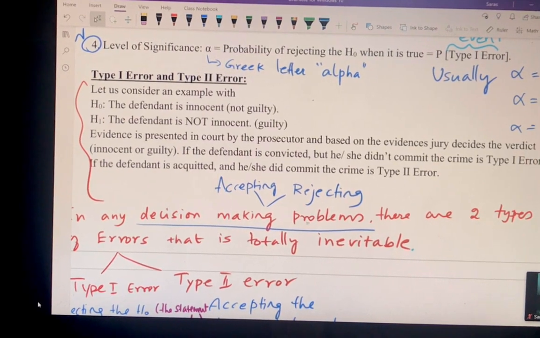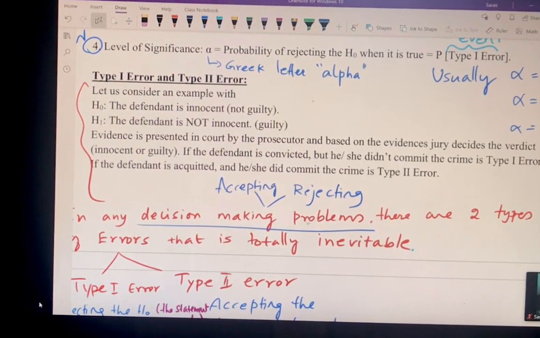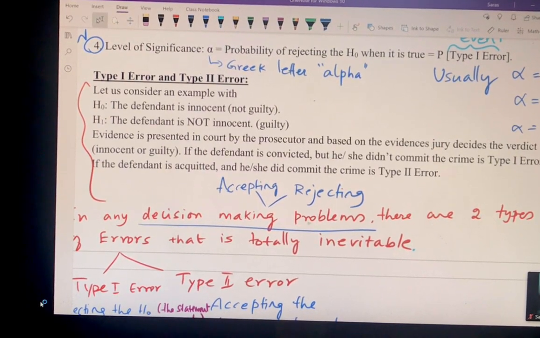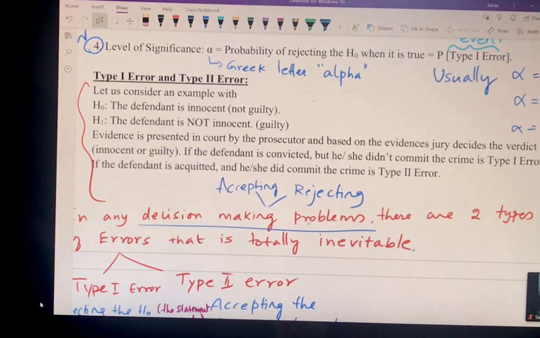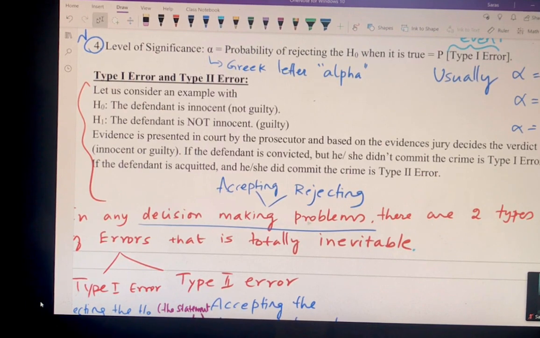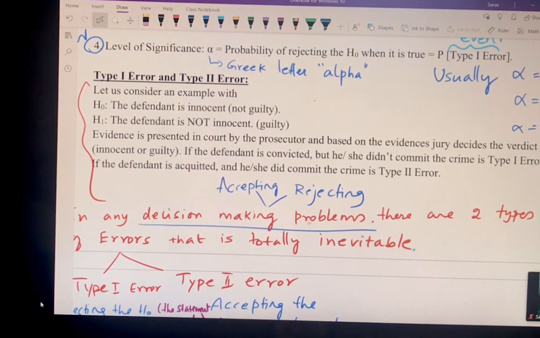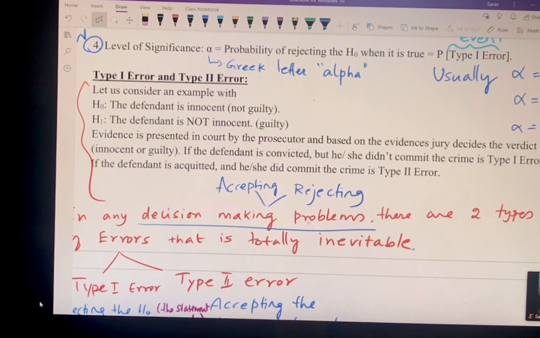If the defendant is convicted, but he or she did not commit the crime, that is type 1 error. If the defendant is acquitted, but he or she did commit the crime, that is going to be called type 2 error. I guess now you are getting the idea of what I mean by the type 1 error and the type 2 error.